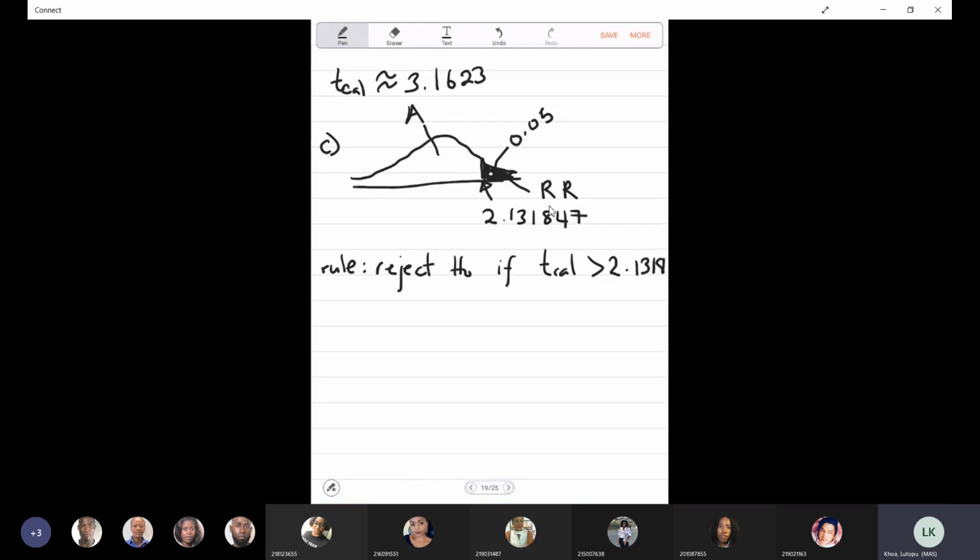So if we get a T value that we calculated, which is greater than this value over here, that means it'll fall in the rejection region. If it's here, this is what we call the acceptable region. So any number that we get that is less than this value over here is acceptable. If we get a value greater than it, it is now in the rejection region, then we will have to reject the null hypothesis. Okay, so let's go back to the question.